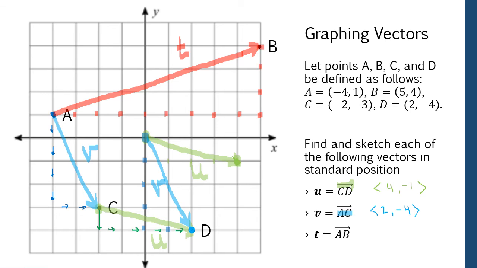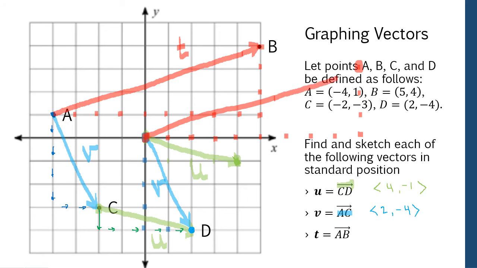So if I want to draw the same vector starting at the origin, I'm going to go off the graph a little bit, but that's okay. We're going to go 1, 2, 3, 4, 5, 6, 7, 8, 9 units to the right and 1, 2, 3 units up. So there would be my new terminal point.